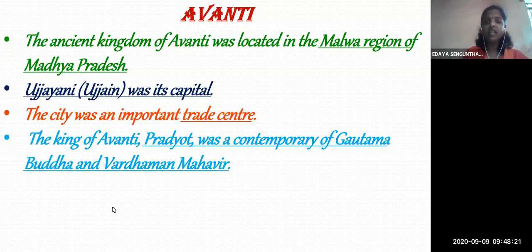The king of Avanti was Pradyot. We have read the kings' names, Prasenajit in Kosala, Udyana in Vatsa, and now Pradyot, king of Avanti, who was a contemporary of Gautam Buddha and Vardhaman Mahavir.